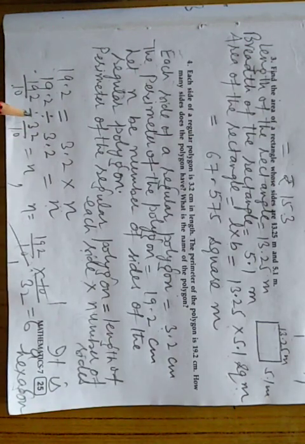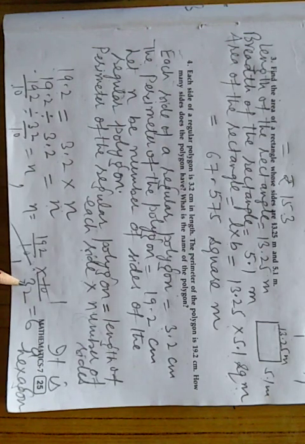The reciprocal of 32 upon 10 will be 10 upon 32. So you will simplify here, 10 by 10, 1. Numerator with denominator we simplify. Then divide 192 by 32, you will get 6. So here we are getting the number of sides of the regular polygon as 6.